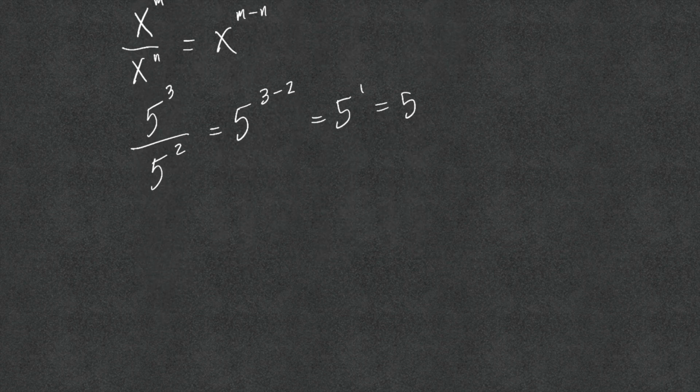Let's keep it going. When we raise a power to another power, we'll use what the book uses, p there. Then we are multiplying. We're basically saying m times p.